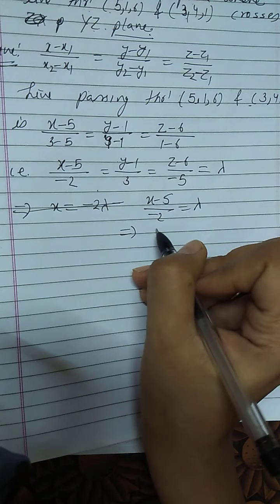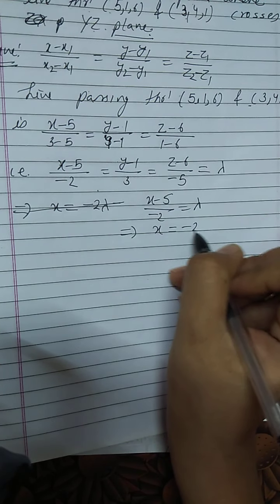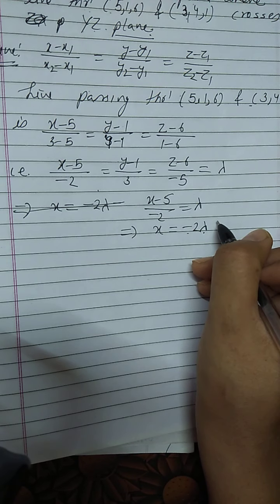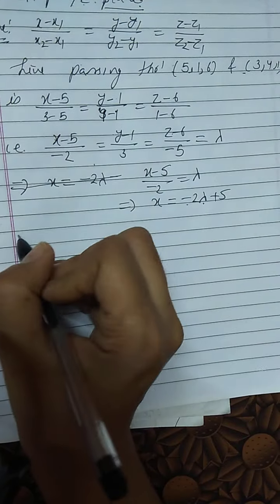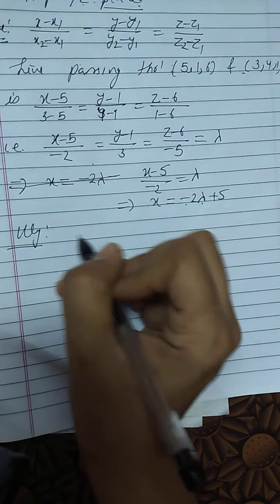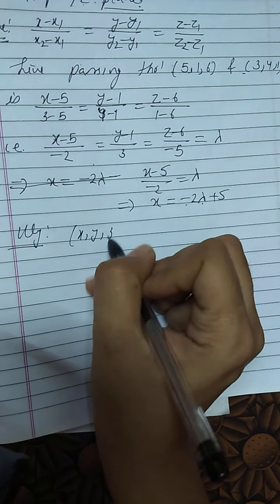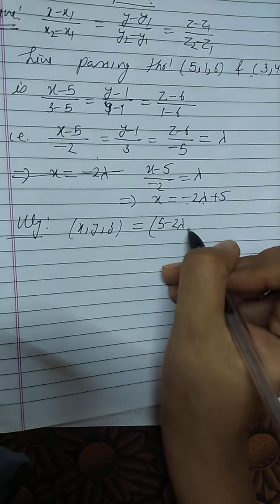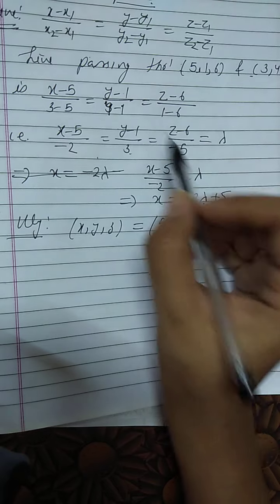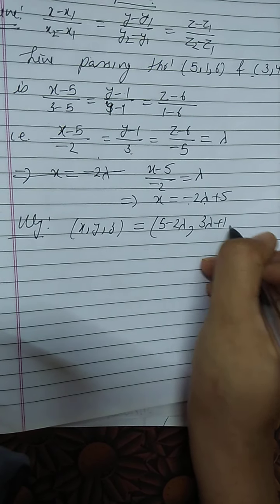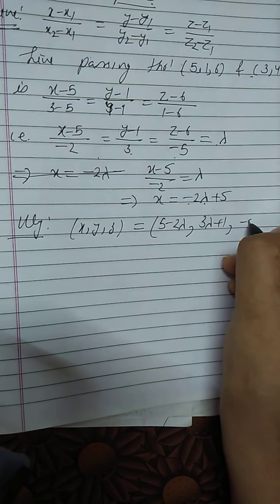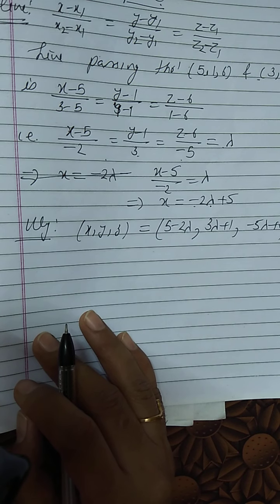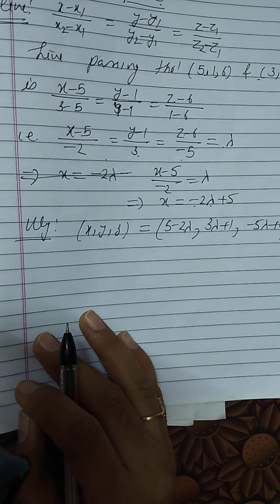I will show it for one, then you will be able to do the other ones. Similarly, the coordinates of x, y, z will be 5 minus 2 lambda, 3 lambda plus 1, and minus 5 lambda plus 6. So these are the coordinates.